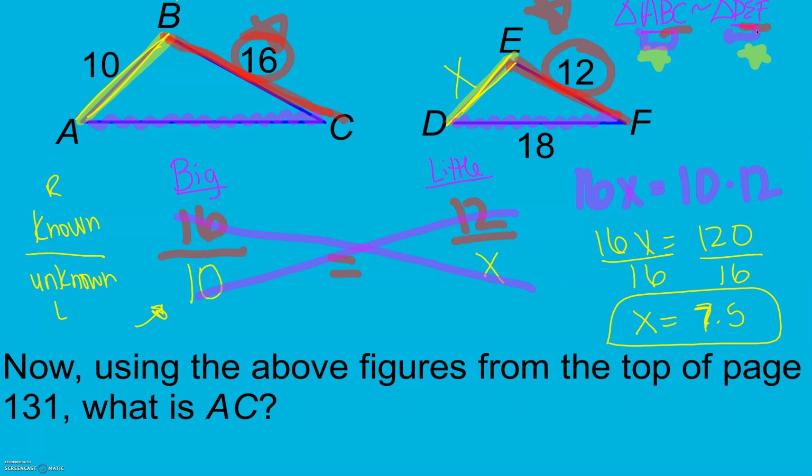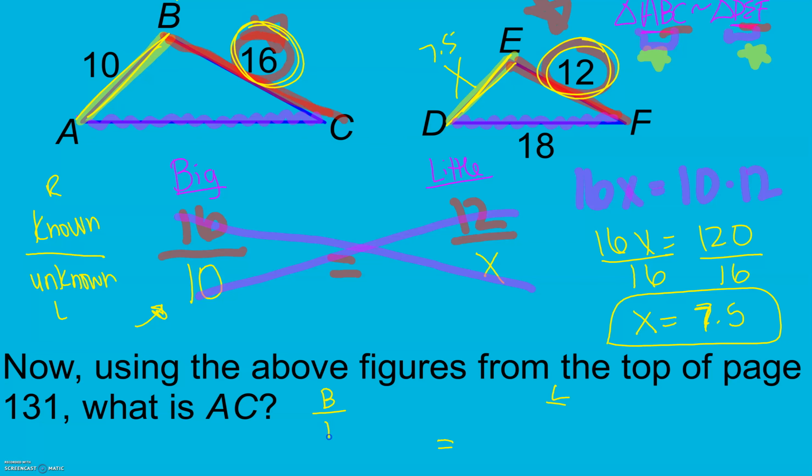So I'm going to set up my big triangle compared to my little triangle, just like I did in the first example. And we know that these are similar, so I can set my proportions equal to each other. Again, I'm going to use the one that I know both pieces of, and now we know this is 7.5, so we could use that one if we wanted, but I'm still going to use the 16 and the 12.